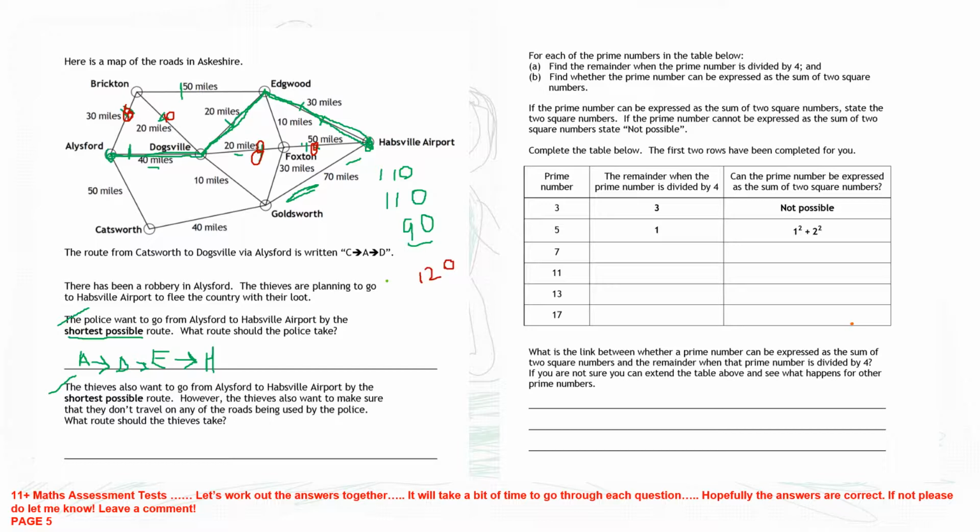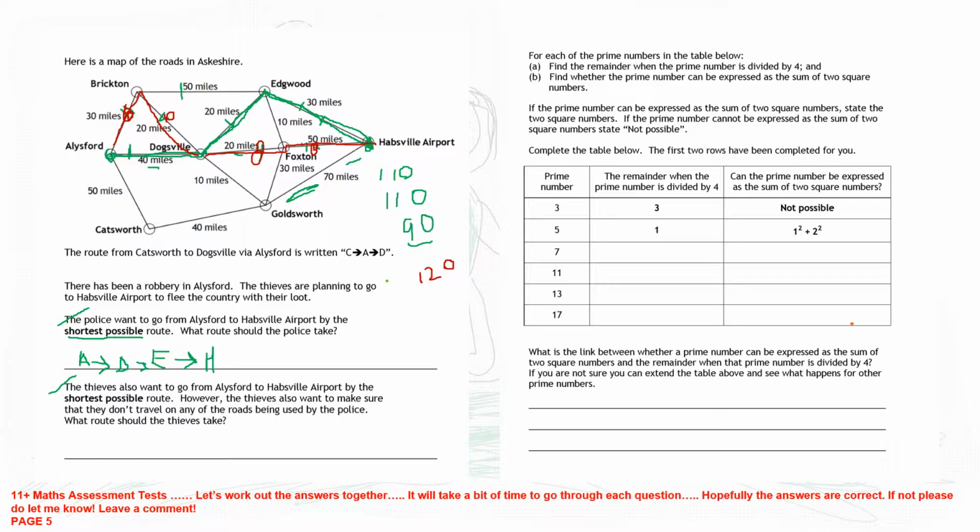It's more than what the police are taking. So it's going to be to Brighton, to Dogsville, to Foxton, to Habsville Airport. So that way they don't share any of the routes with the police.